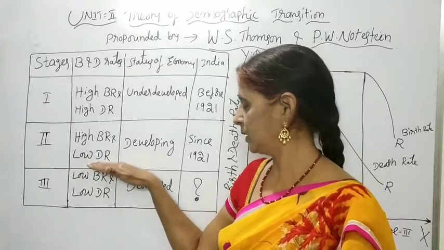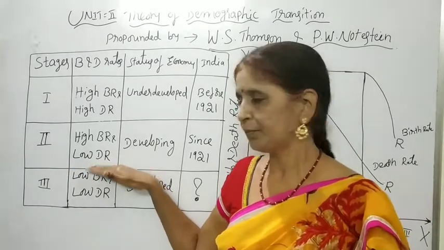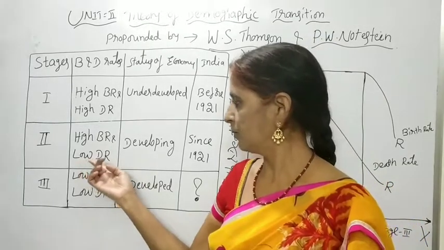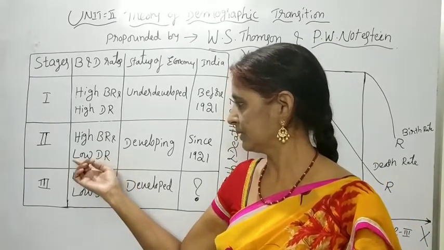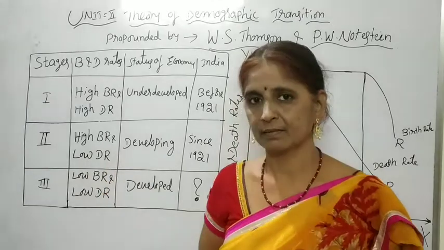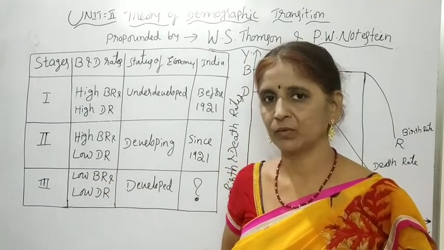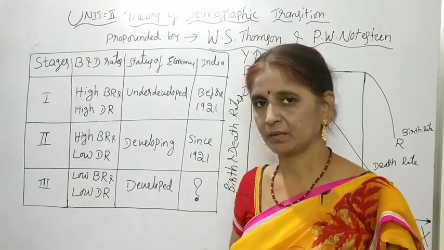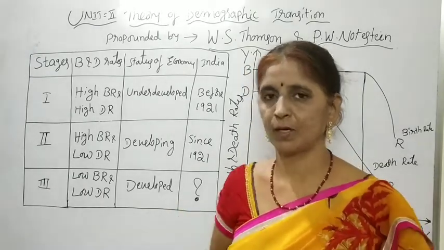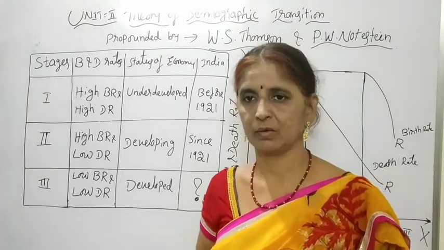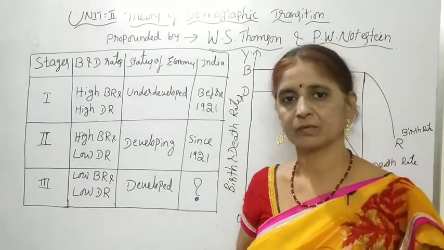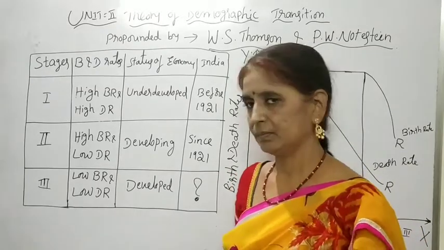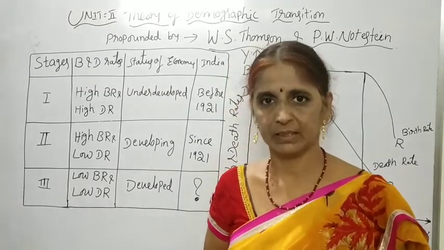In the process of development, the government and scientists will try to find medicines for the contagious diseases, that is epidemics. Somewhat they will be controlled: smallpox, cholera, dengue, malaria, plague, influenza. These are all mostly controlled. So it is one of the reasons for the low death rates.